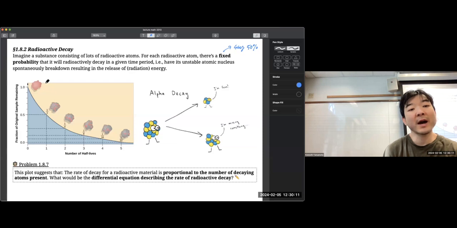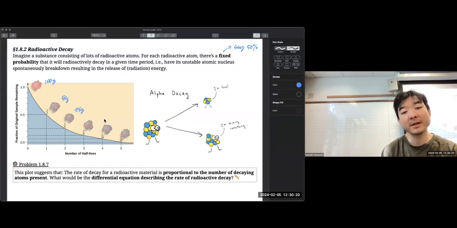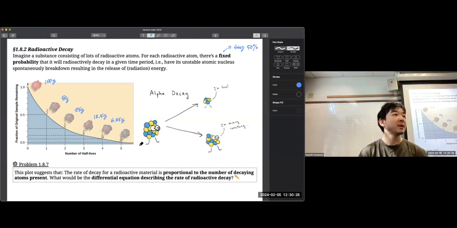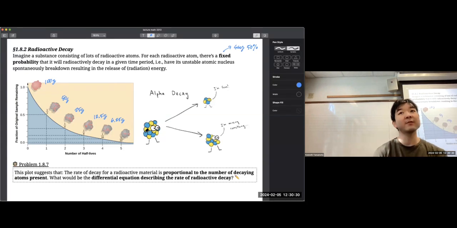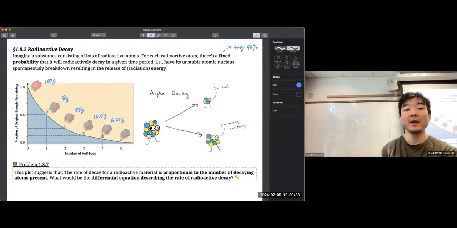So if you had 100 grams of radioactive substance, after one time step it'll be 50 grams. After another time step, it'll be 25 grams, then 12.5 grams, and then 6.25 grams. It's just going to take whatever you have at that moment and halve it, and halve it, and halve it.